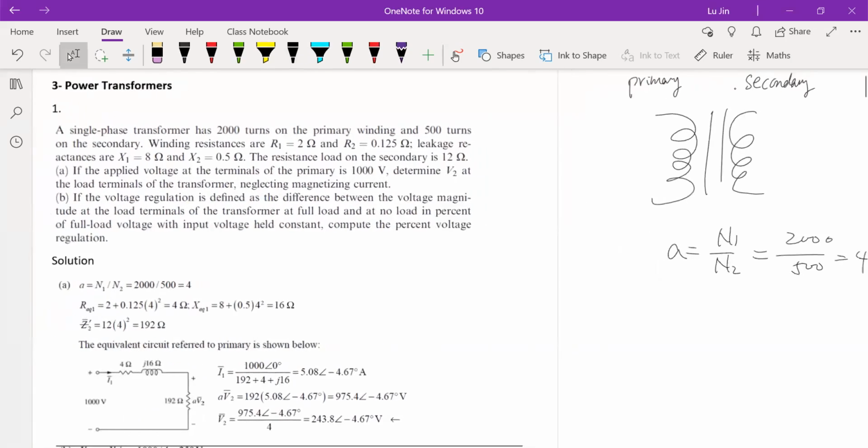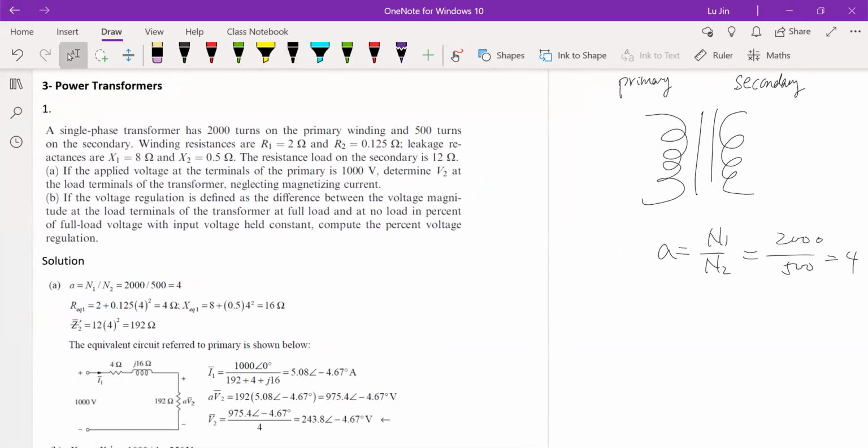Keep going. The winding resistance for the primary side is R1 equal to 2 ohms. In the meantime, the leakage reactance at the primary side is 8 ohms. So in other words, this primary side coil is not ideal. It has an impedance. So how much is it?